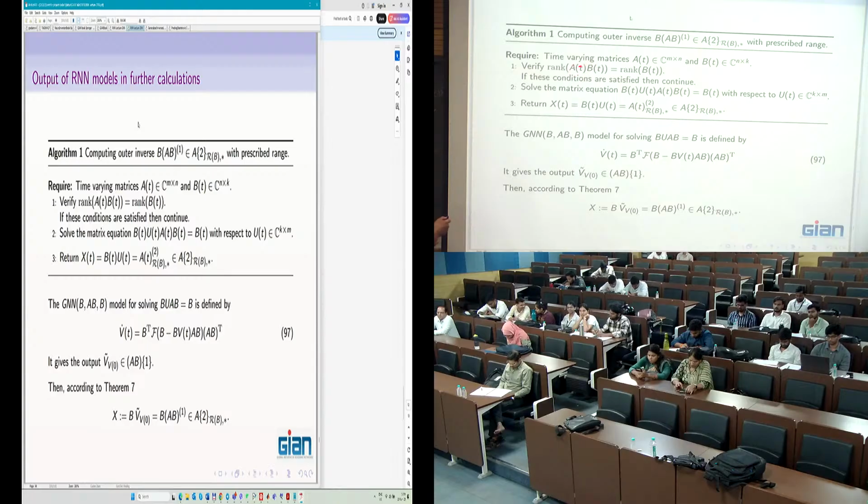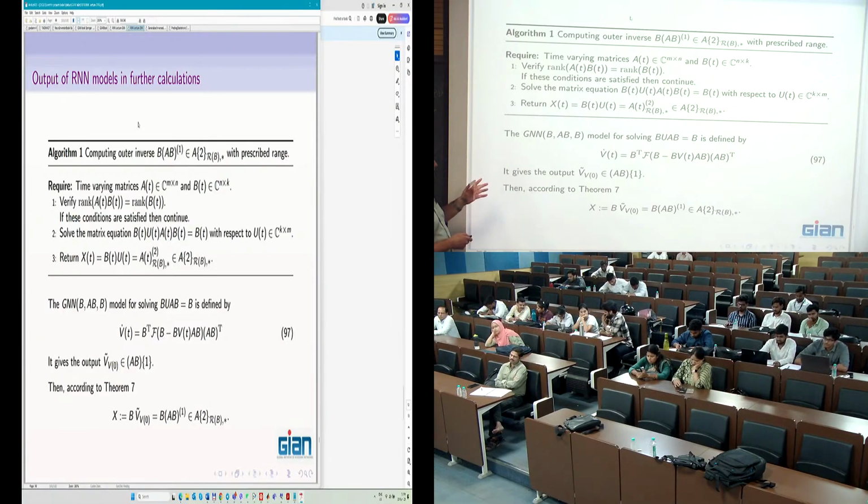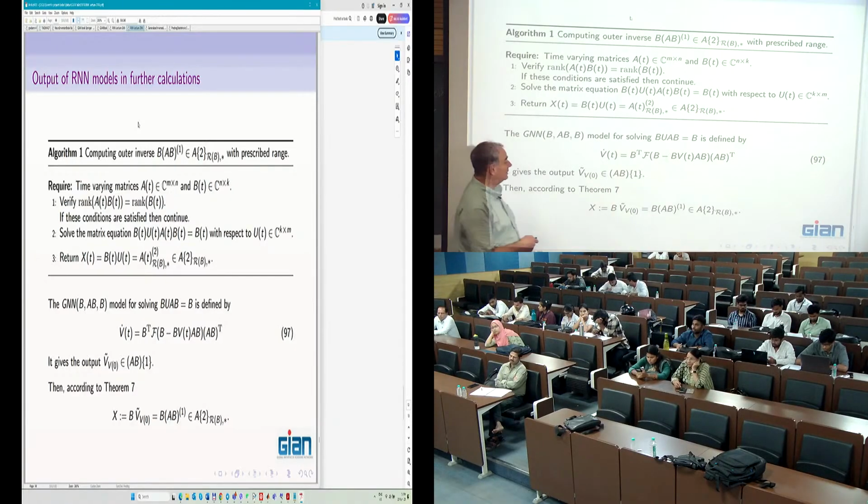Verify first if the rank of AB is equal to the rank of B. If this condition is satisfied, then solve the matrix equation BUAB equals B. Any arbitrary method can be used. Here, in this paper, we choose the GNN model, gradient neural network model, to solve the linear matrix equation BUAB equals B, and then obtain one element from the class of outer inverses with prescribed range.